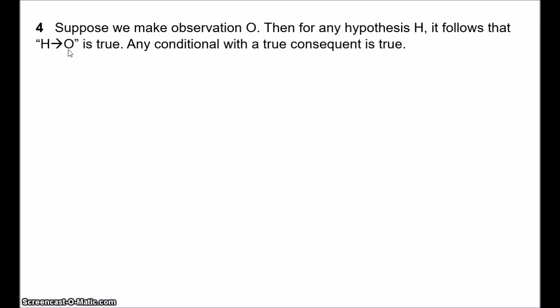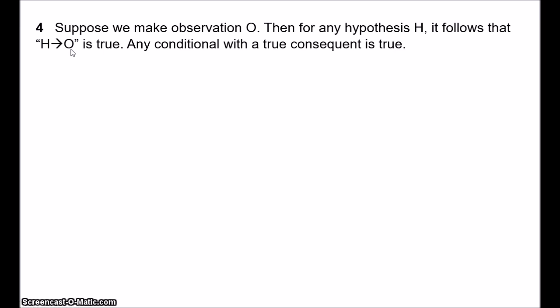Now the reason is that logically, this is just because of how conditionals are defined logically, any conditional with a true consequent is true. So the first part of a conditional is called the antecedent, and the second part is called the consequent. And so if you have if H then O, right? H is the antecedent and O is the consequent.